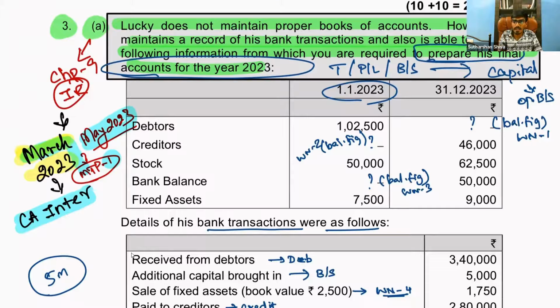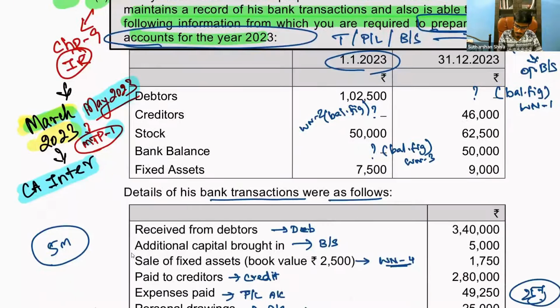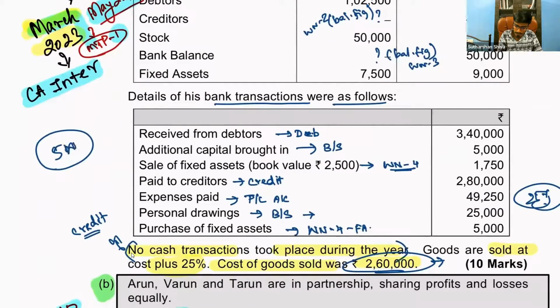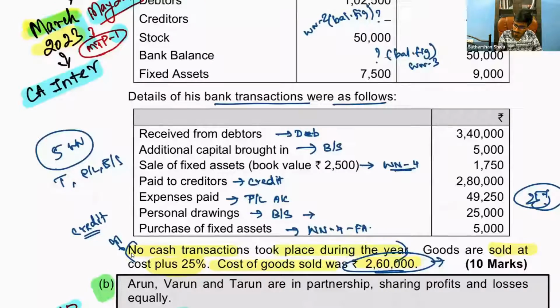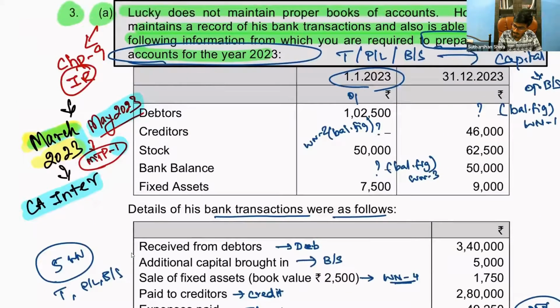Everything I need to take care of. Almost 5 working notes will be needed along with trading, P&L, and balance sheet, and you need to complete all this within 18 to 20 minutes. So we'll quickly go for a discussion first. Everybody has understood, right? This is your opening value. This is your closing value.